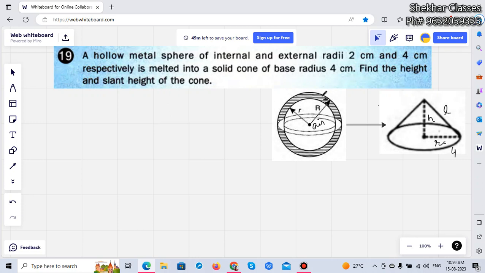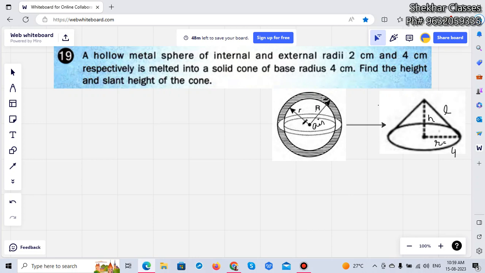So from the volume of metal and air, if you subtract the volume of air in it, you will get only the metal. And this is how we'll get the volume of the metal. Once we have got the volume of the metal, that will become the volume of the cone in it. And we can apply the formula and solve it.